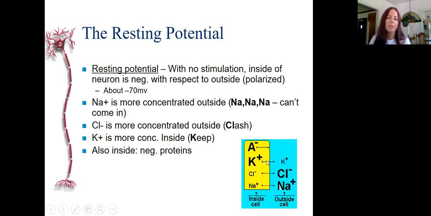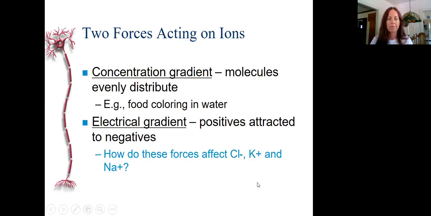If you look at this little table at the bottom, you can see that for potassium, there's some of it outside the neuron, but most of it is inside. And most of the chloride and most of the sodium is outside of the neuron, not inside. So you've got to remember what's inside and what's outside, and then we'll talk about how these things move around. But at any rate, the combination of pluses and minuses makes it about negative 70 millivolts inside when the neuron is not doing anything.